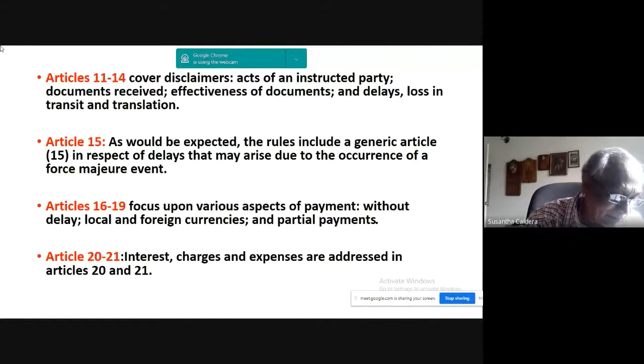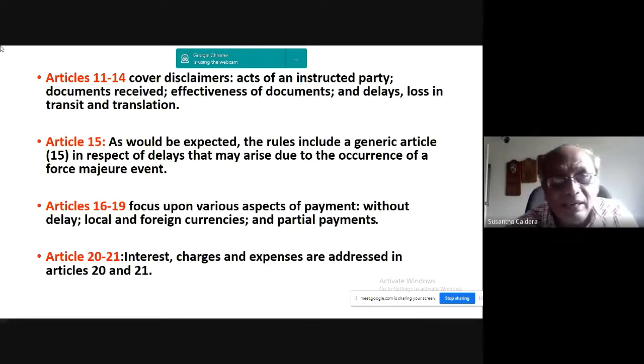Article 12, disclaimer on documents received. Article 13, disclaimer on effectiveness of documents. Article 14, disclaimer on delays, loss in transit and translation. All four articles, 11, 12, 13, 14, are straight away talking about disclaimers, right?